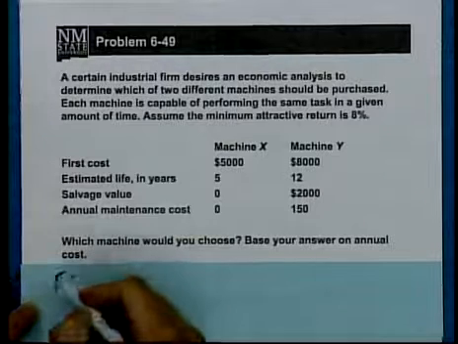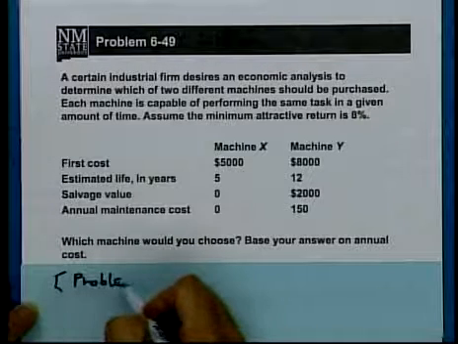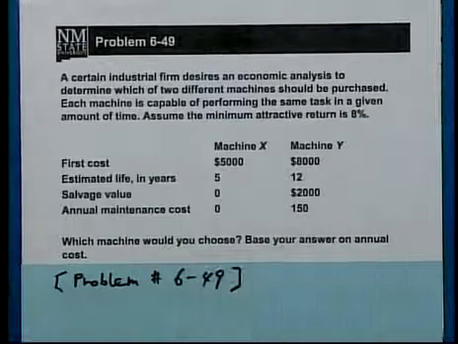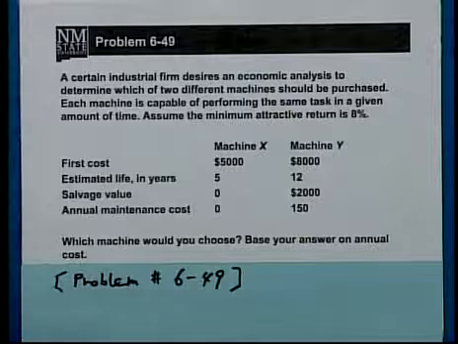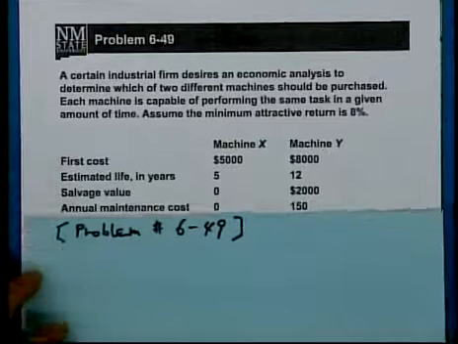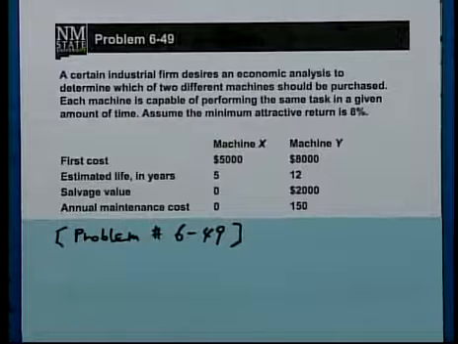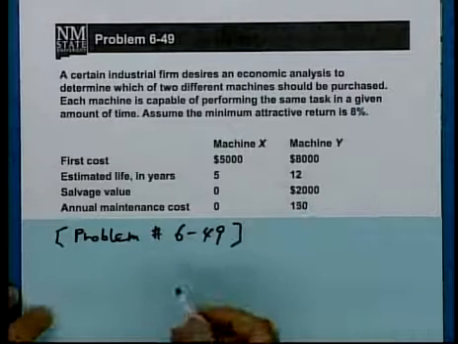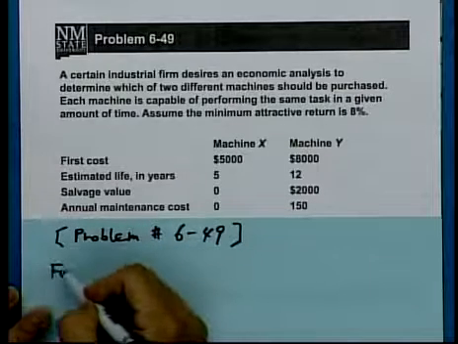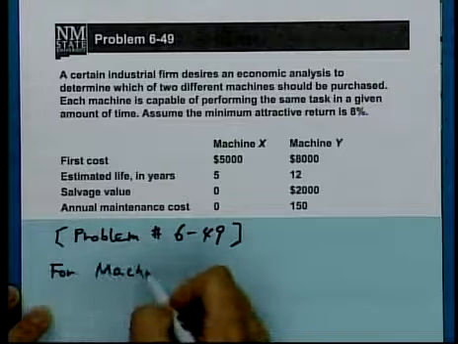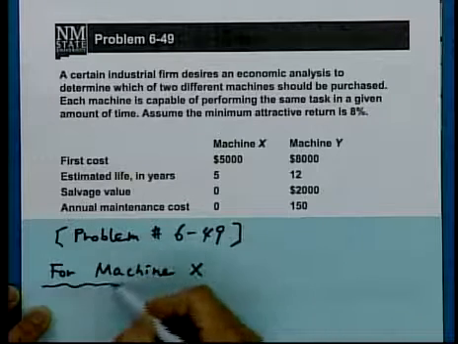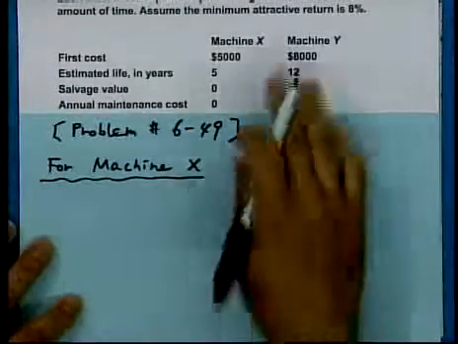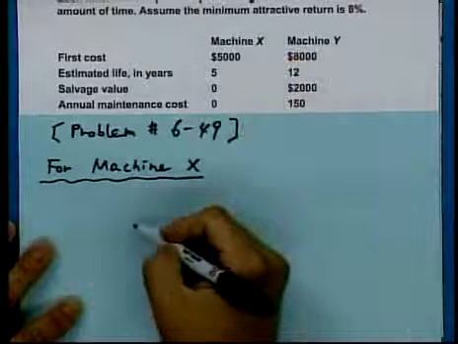So we are working on problem number 6-49. Let's draw the cash flow diagram for each machine. For machine X, there is a first cost of $5,000 required.